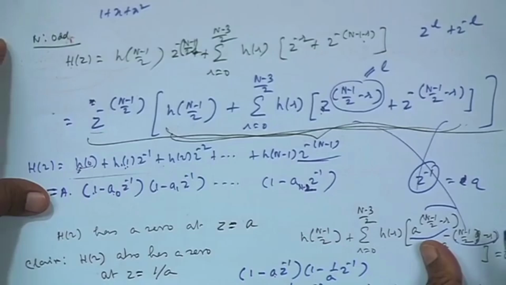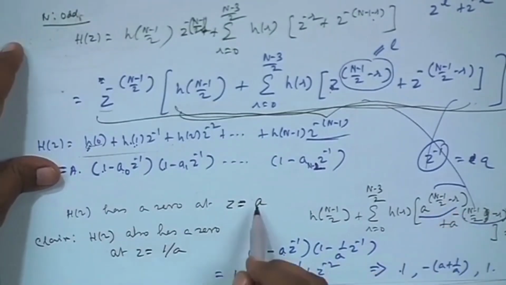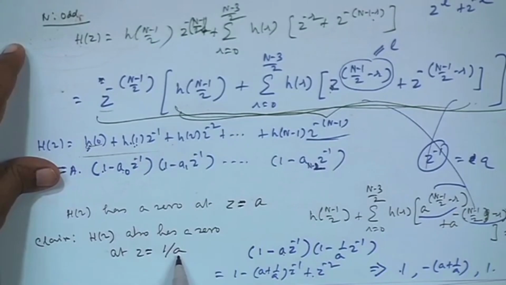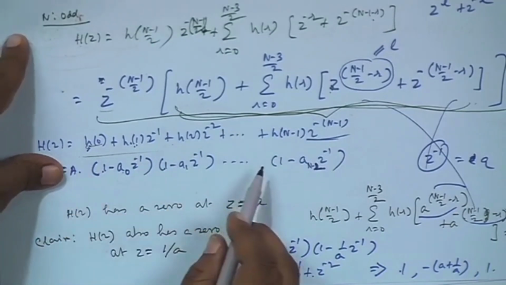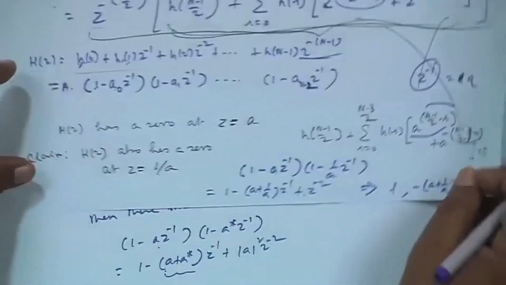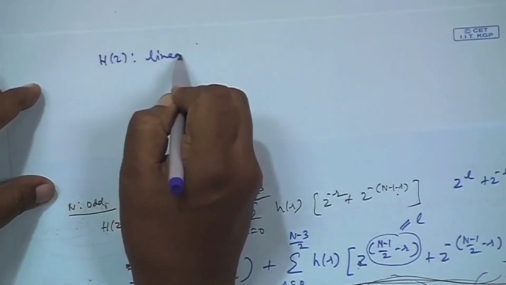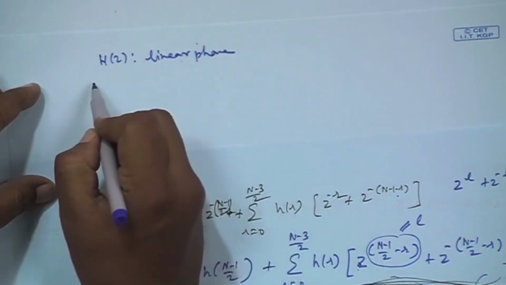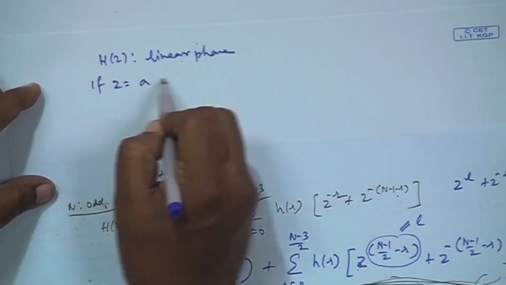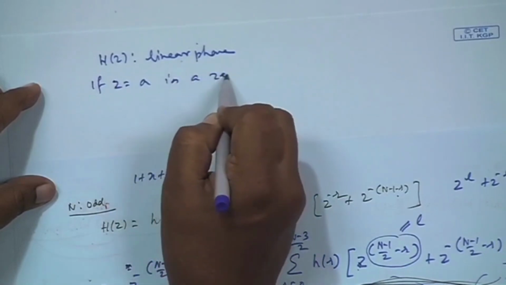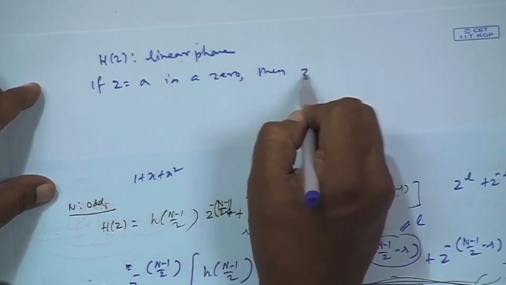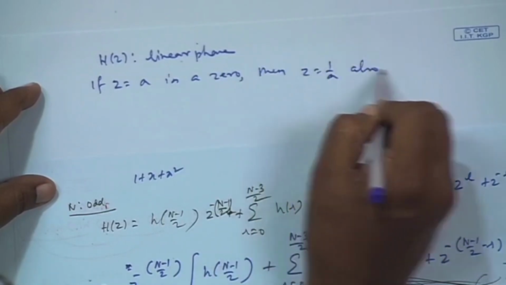Now, suppose I have got a linear phase system with real coefficients. So, I know if it has a root at a, from the linear phase property, it will have a root at 1 by a. But since coefficients are real, if a is complex, it is given H z is linear phase. Means if z equal to a is a root, is a 0, then z equal to 1 by a is also a 0.